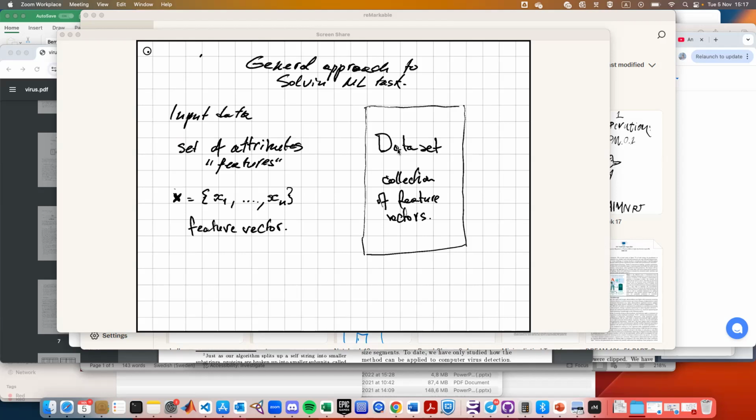And now our task is to take this data set and select an algorithm that is suitable for solving a particular task, and verify and test performance.